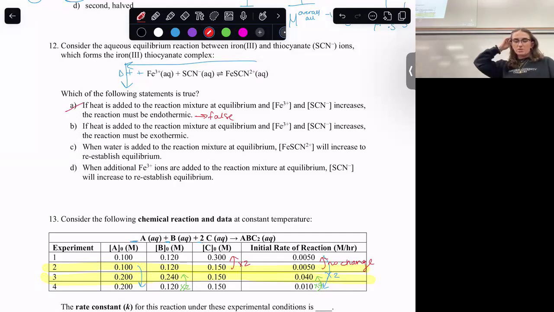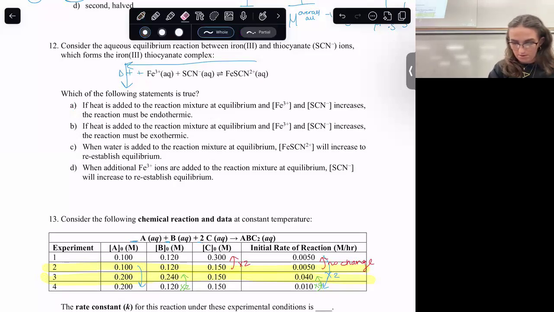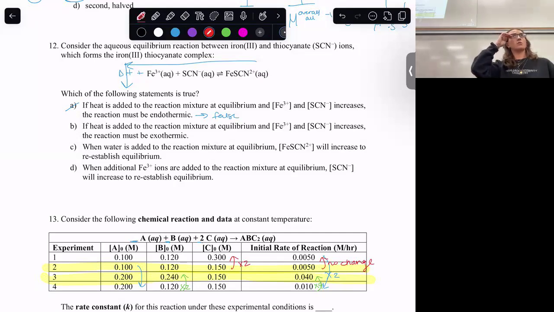If heat is added to the reaction mixture at equilibrium and iron 3 plus and thiocyanate increases, the reaction must be exothermic. So now what happens here? What did we do? Where did we put heat as a reactant or product? As a product.